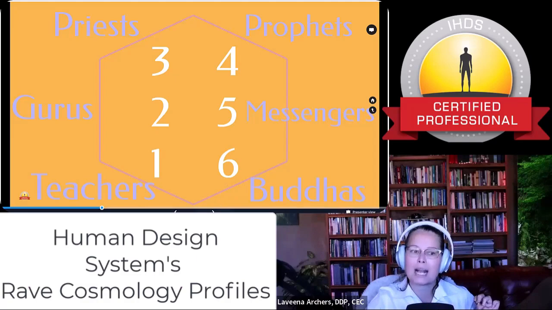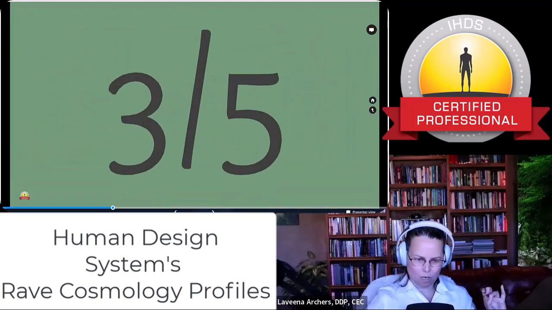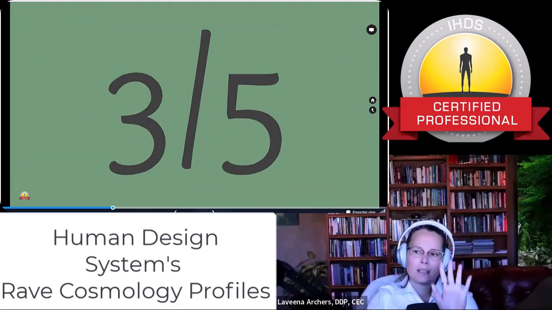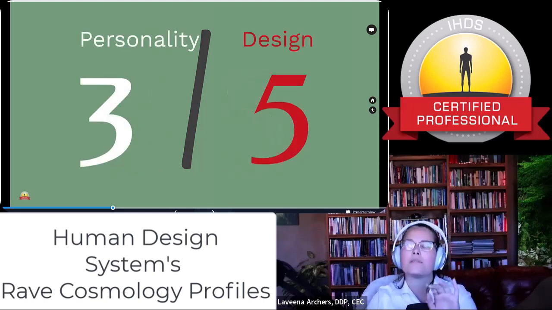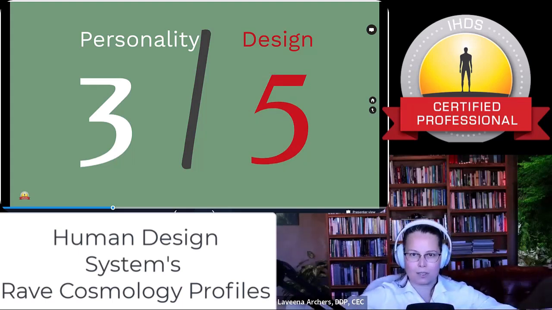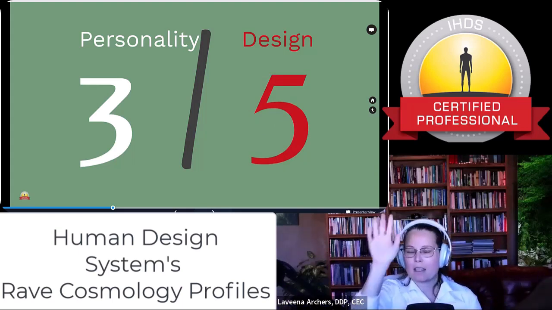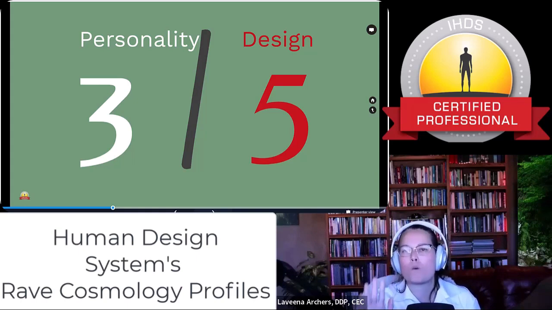Okay, so we'll come back to these archetypes. Now, we're going to dive into the depth. If we can look here, we can see this is a 3-5, and we're going to dive into how the personality 3 and the design 3 are different things, and we use different words under the surface. So I'll say again, the design is the unconscious physical form. It's your physiology.